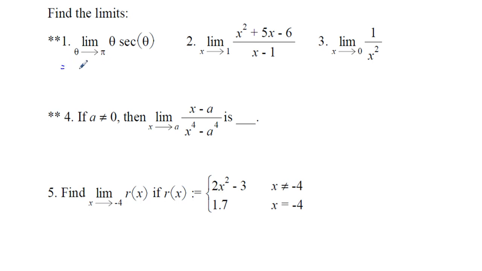So we substitute pi for theta. The theta is replaced by pi, and so we have pi secant pi. Well, secant, I don't know if you remember this from pre-calculus, is the reciprocal of cosine.